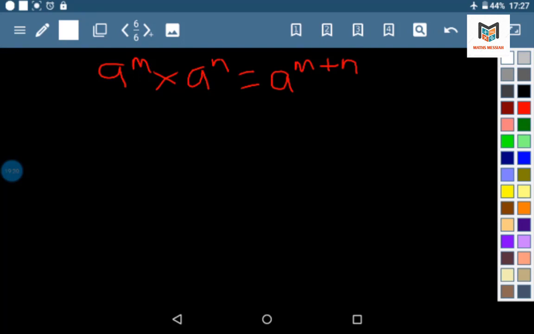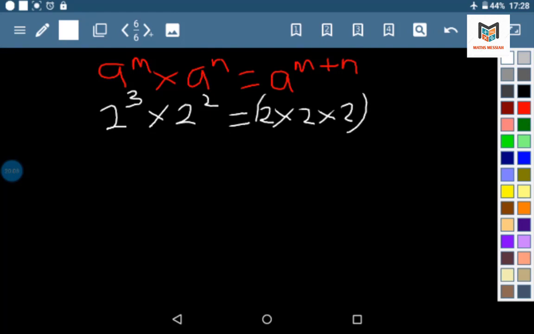Replacing a with a number that is 2 raised to the power 3 multiplied by 2 raised to the power 2. Let us expand 2 raised to the power 3. So we have 2 multiplying 2 by 2.